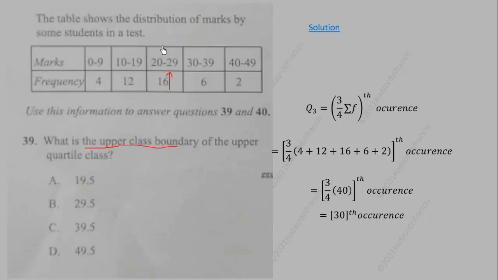So the class boundary is 19.5 because we subtract 0.5 from 20 and add 0.5 to 29. So the lower class boundary is 19.5. They say upper class boundary is what they are looking for. So the answer will be 29.5.